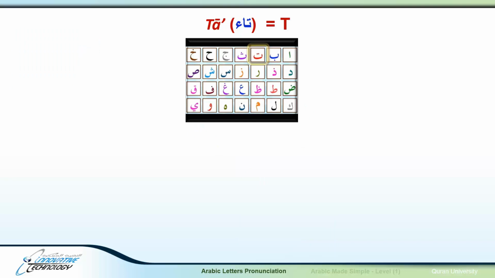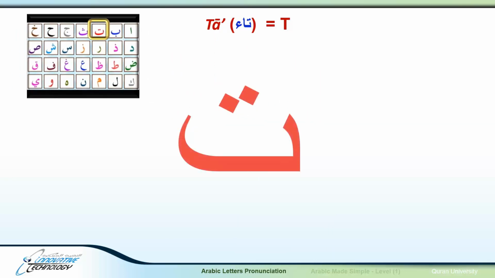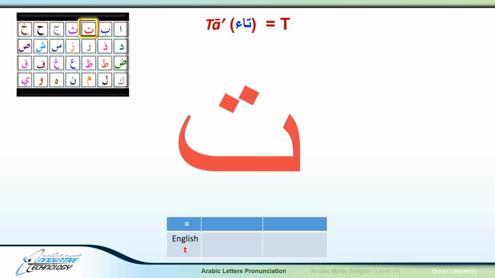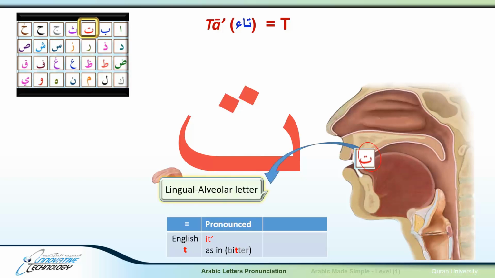Next is the Ta. The Ta looks like the Ba, but with 2 dots above it rather than 1 dot below it as it was in the Ba. And it's equivalent to the English T. It's pronounced It, as in bitter. It articulates between the tongue and the alveolar hard palate, and that's why we classify it as a lingual alveolar letter.